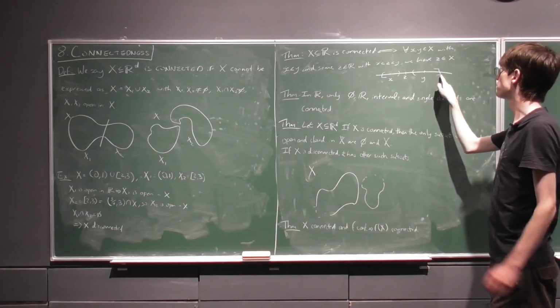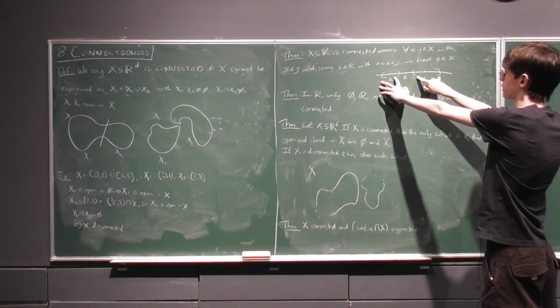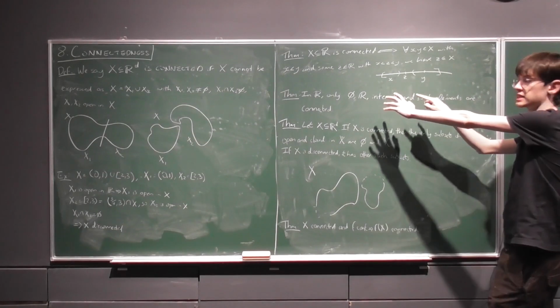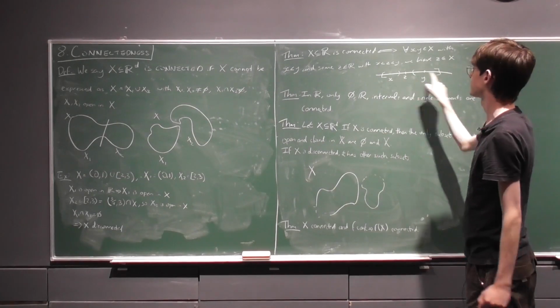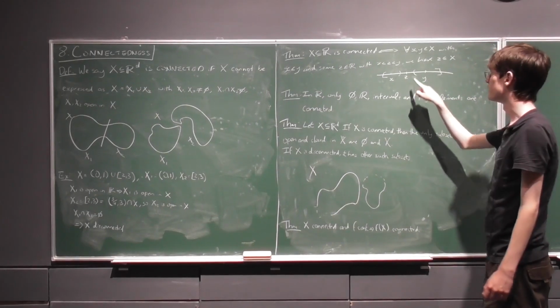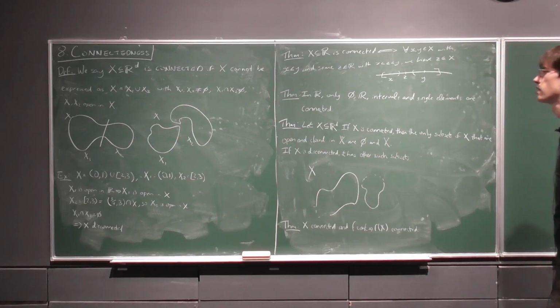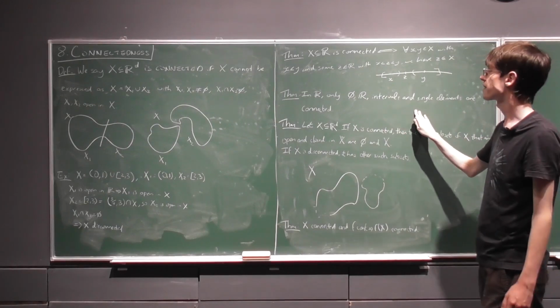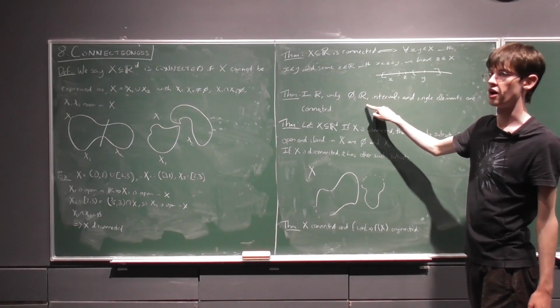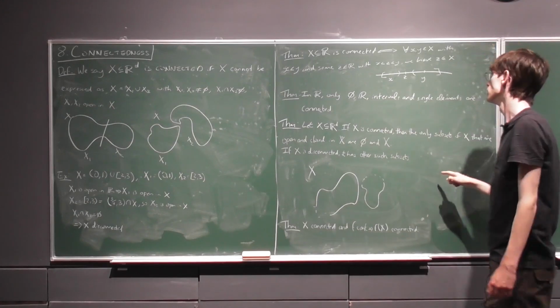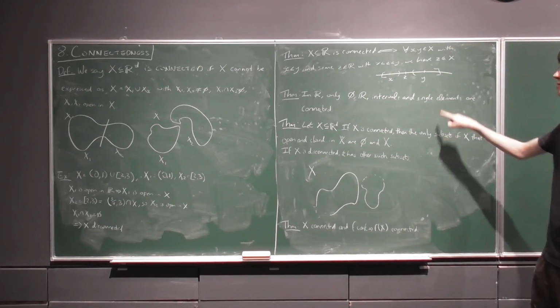So here you can see, if we took X as the union of these two pieces here, it's clearly disconnected because we have x and y, x less than y, and we have some z in between them. That z doesn't necessarily have to lie in the set. So in R, the only connected sets are the null set, R itself, any interval, and single elements.